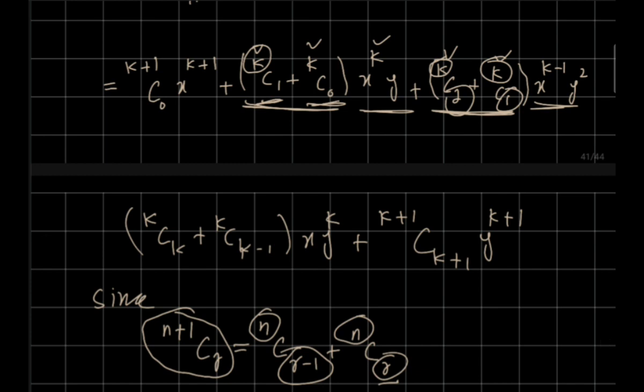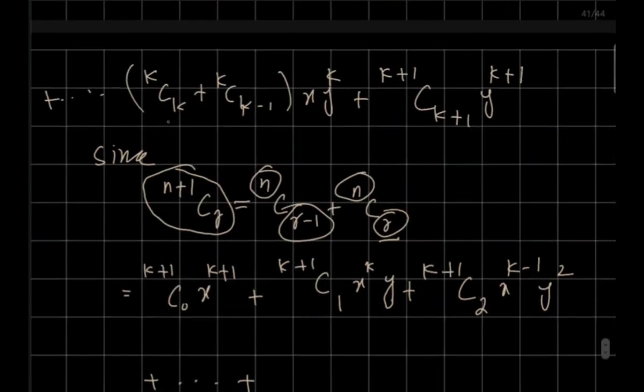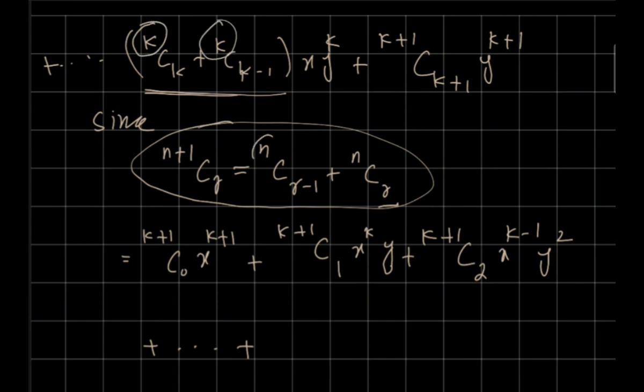Next we will write, so what is this term? Again compare it with this term. You can see above we have k, here above we have n, so n will be replaced by k, and here you have k and k minus 1, so r is equal to k and r minus 1 is k minus 1.